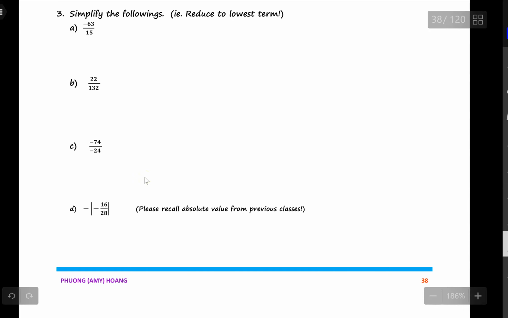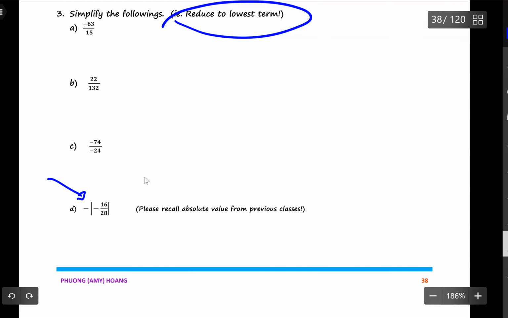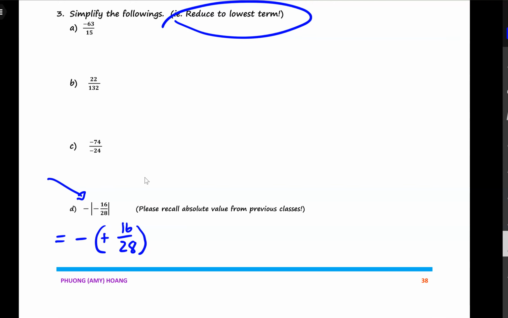For this, I would like everyone to reduce it to the lowest term. You have a fraction like this with absolute values. Recall that the first thing you do is convert the absolute value bars into a normal bracket, and you turn the negative inside the absolute value into a positive value, because absolute value means you only want to consider the magnitude.